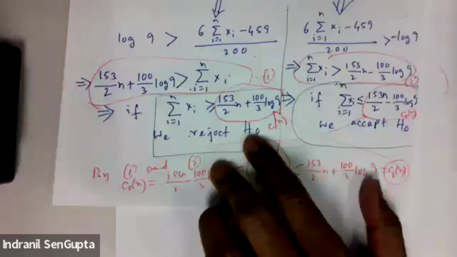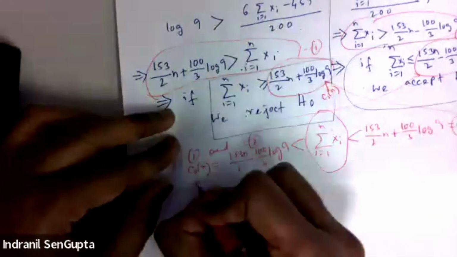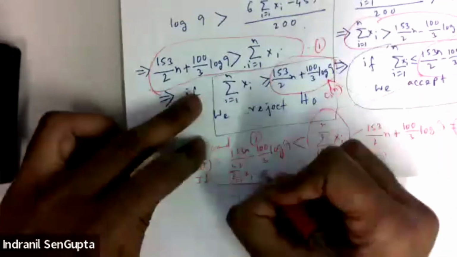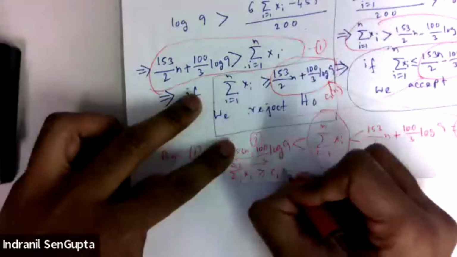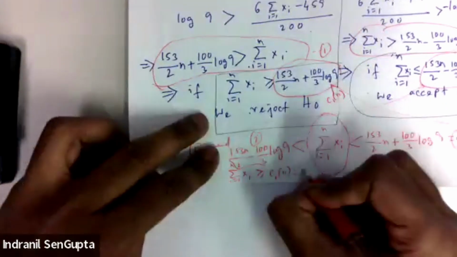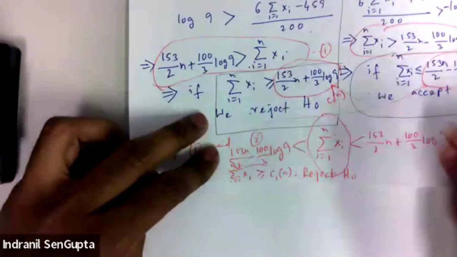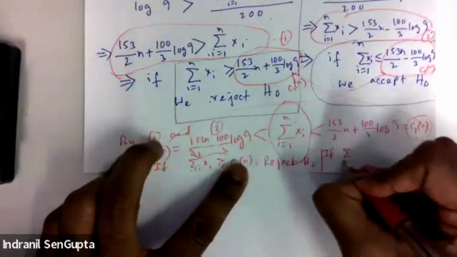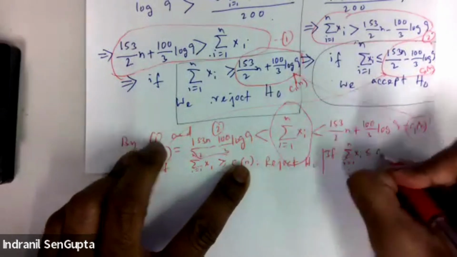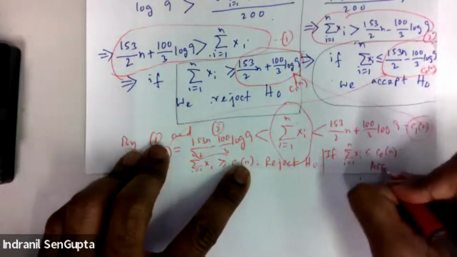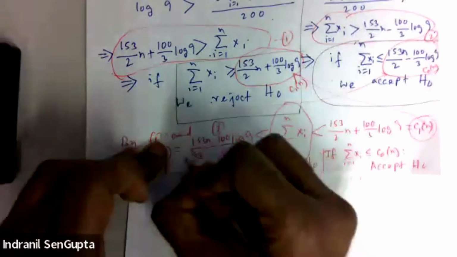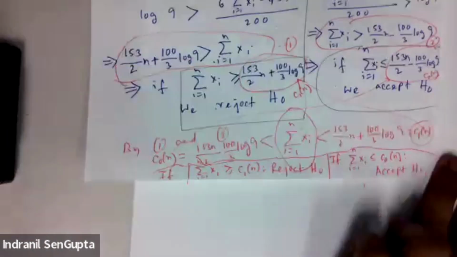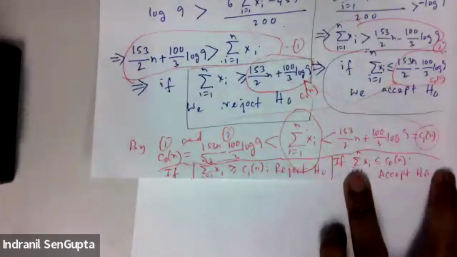So if summation i from 1 to n xi is bigger than C1n, we reject H0. And on the other hand, if summation i from 1 to n xi is less than C0n, we accept H0. So these two are the decision rules, the acceptance and rejection of the null hypothesis.